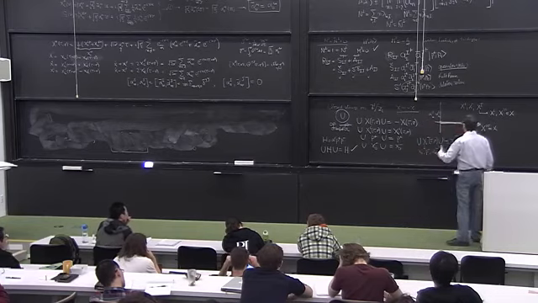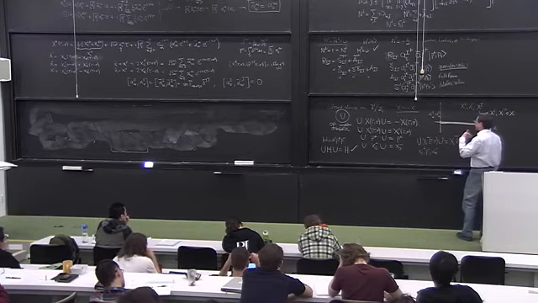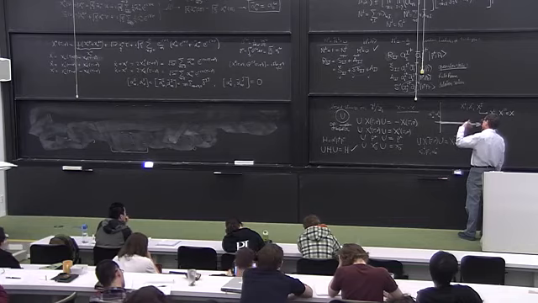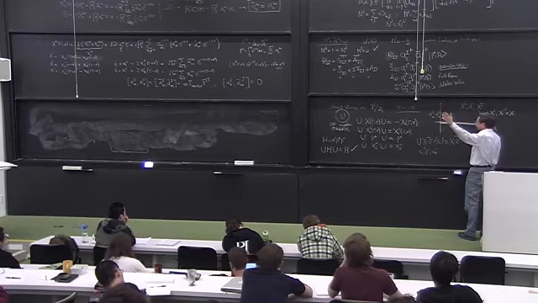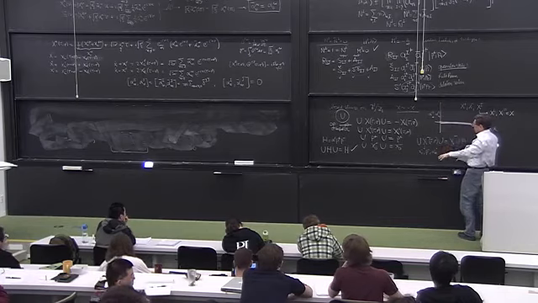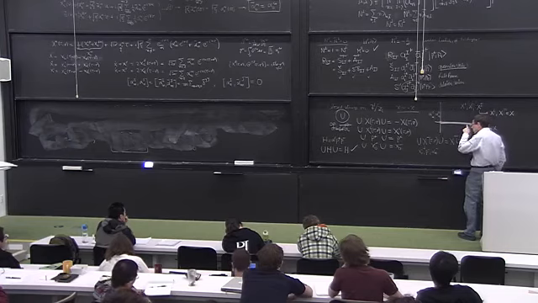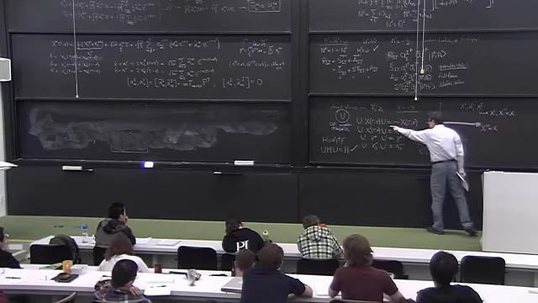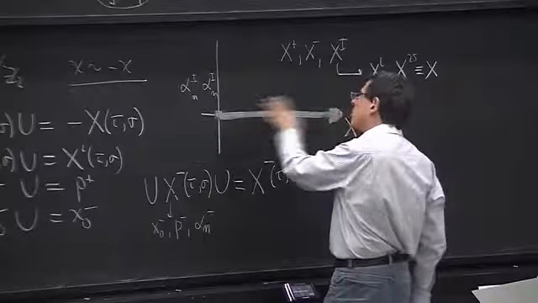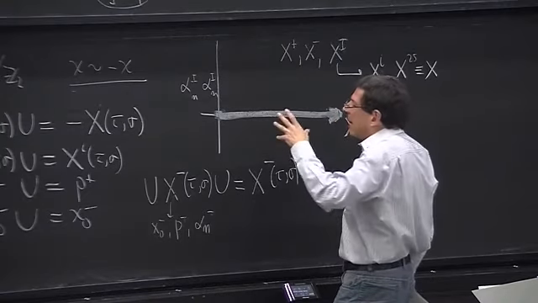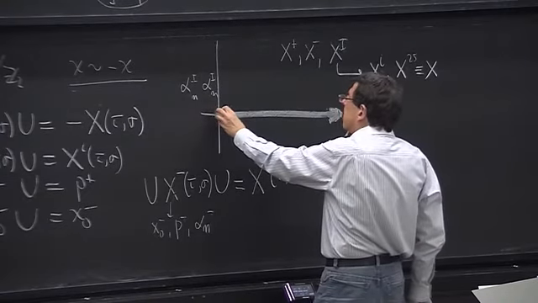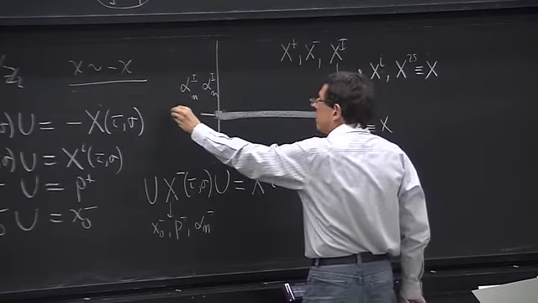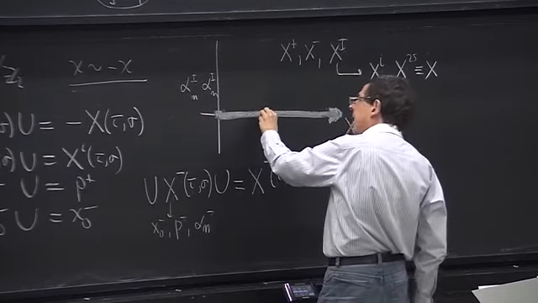In this theory, we're going to apply U to all possible states of the original theory, what people call the parent theory. We look at what states are invariant under U, and those are the ones we keep. U essentially relates what happens at minus x to what happens at x.